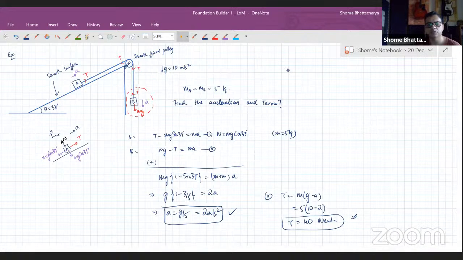Yeah, Bhargav, it's 2 meters per second square, right? Left hand side you have 1 minus 3 by 5, so 2 by 5. Right hand side you have 2a, so g by 5.